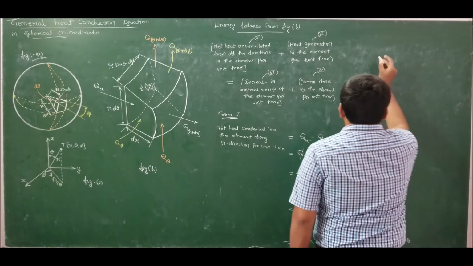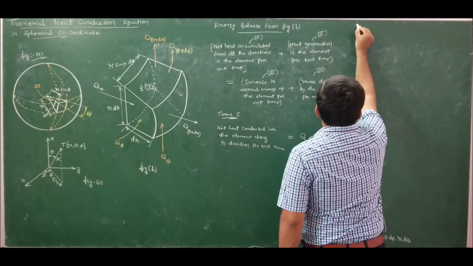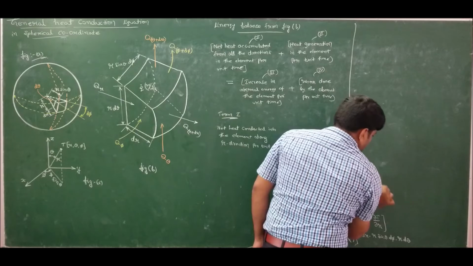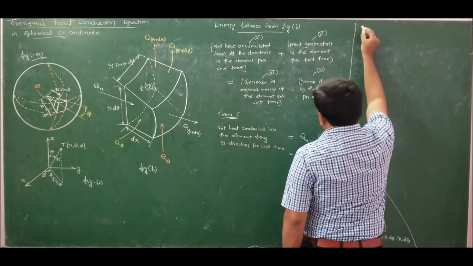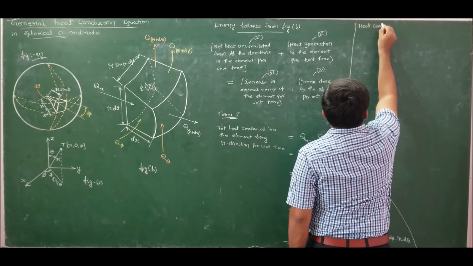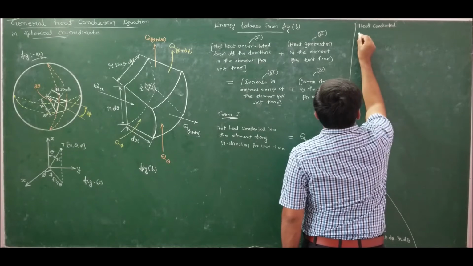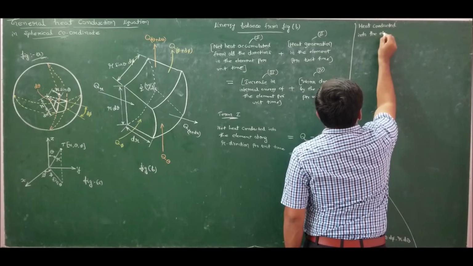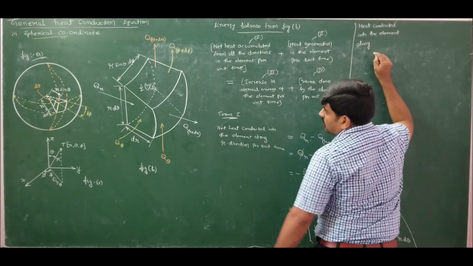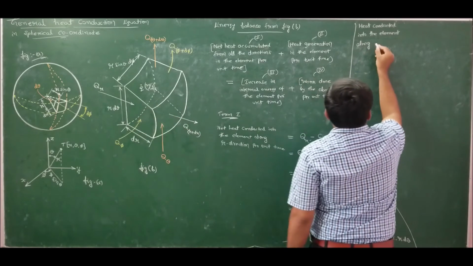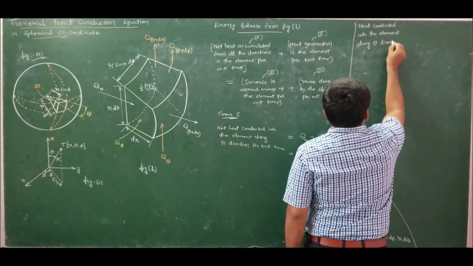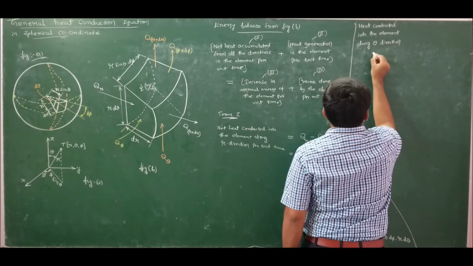Next, moving ahead for the other remaining two directions. If I move ahead for calculating in the remaining two directions, I end up with heat conducted into the element along theta direction, per unit time.